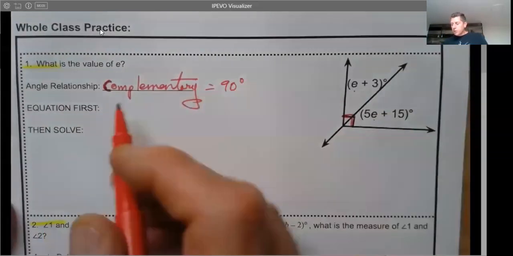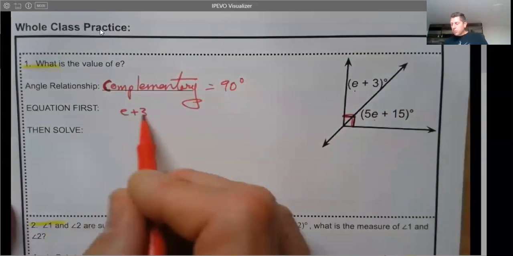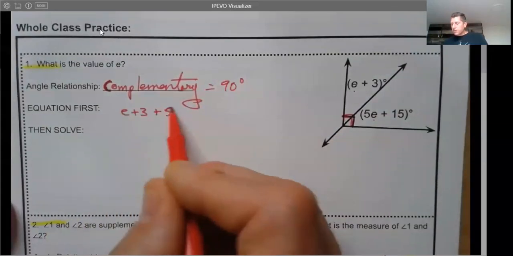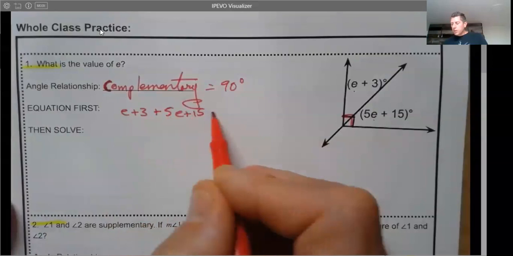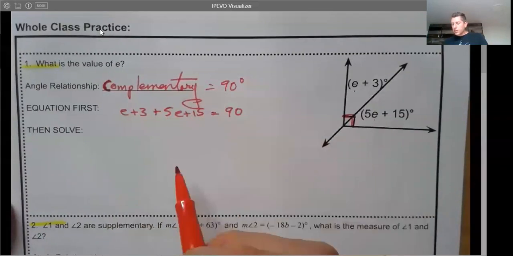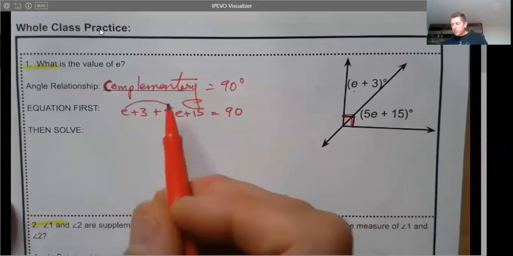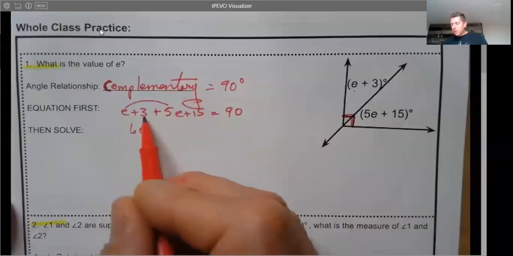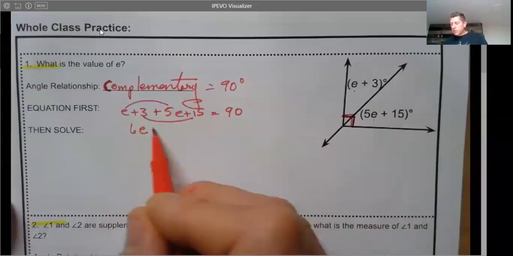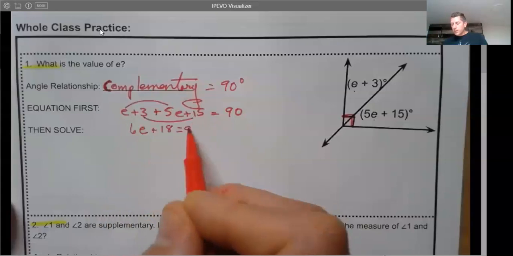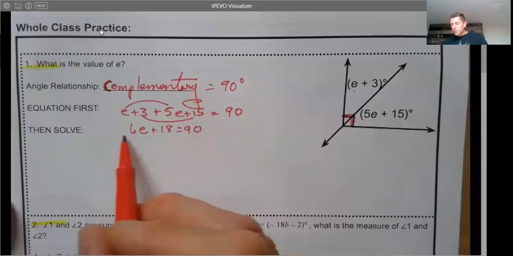All right, equation first. E plus 3 plus 5E plus 15 equals 90. All right, let's combine our like terms. We have E plus 5E gives us 6E, and then 3 plus 15 gives us plus 18 equals 90. Now we have our equation.